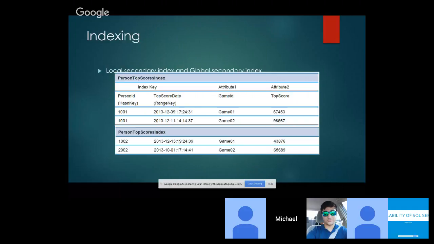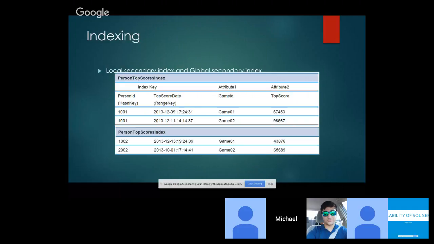Every local secondary index contains the hash and range attributes from its parent table. A local secondary index can copy or project some or all of the attributes from the source table and provide an alternate query path for efficiently accessing data. Within this example table here, it introduces the local secondary index.